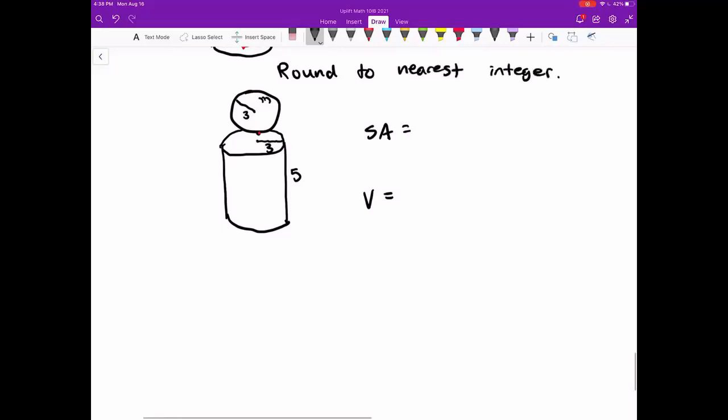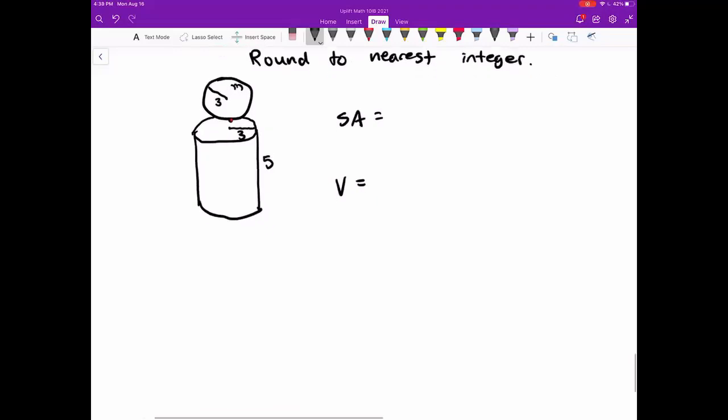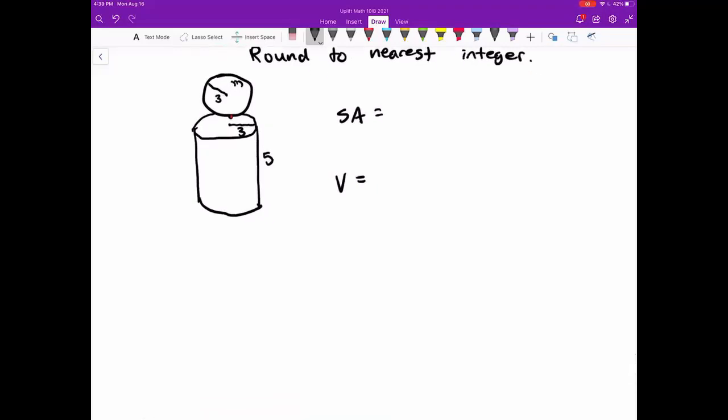Is that a circle on top of a cylinder or a sphere on top? It's a sphere. Do you have to leave out where the sphere touches the cylinder?